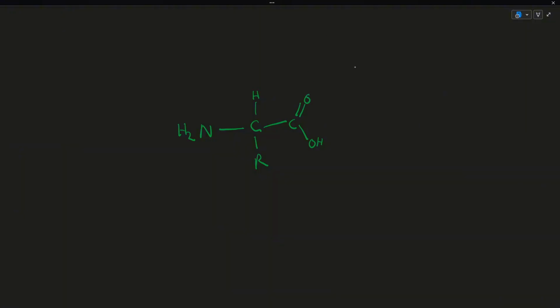And so here, if we were to go ahead and label, the alpha carbon would be this carbon right here. This is the R group, and this is the hydrogen attached to it. This is the amino group, and this is the carboxyl group.